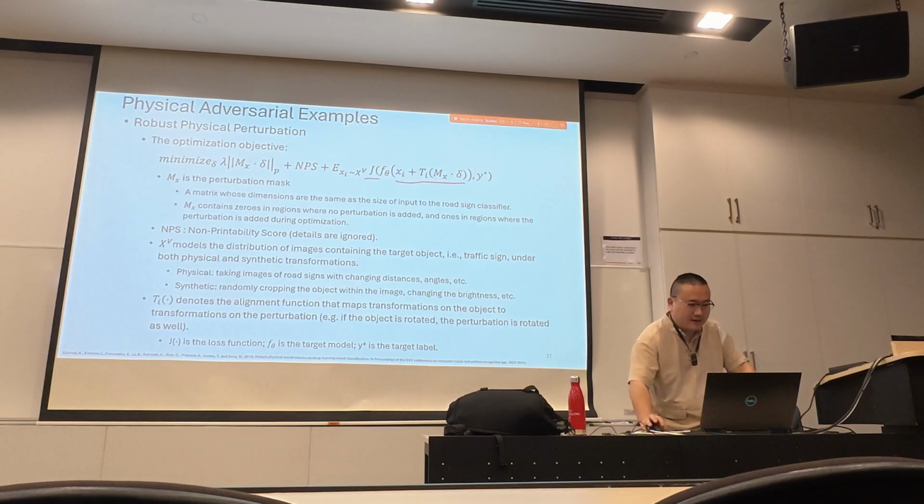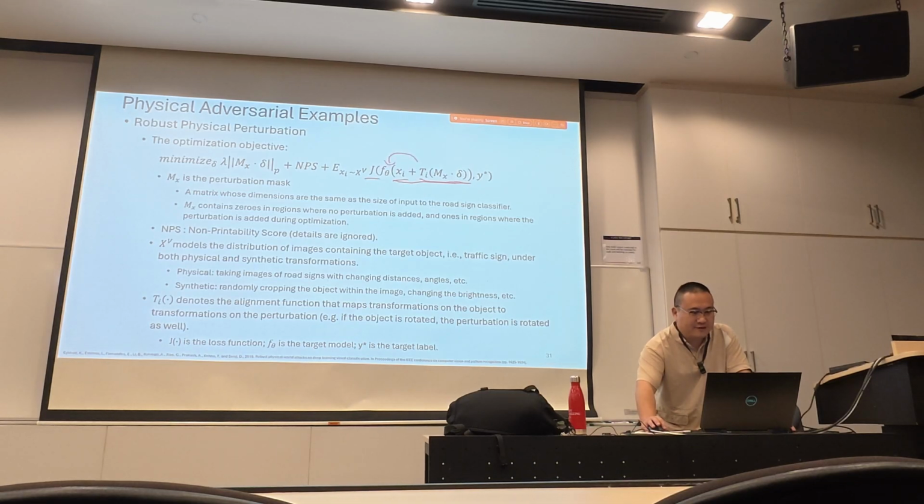After we add the perturbation to the road sign, we give the perturbed road sign to the model. So f_theta represents the model. In the same way, we calculate the loss function with respect to the target label. For the loss function, you should be familiar with that. That's a classical way to fool a model.